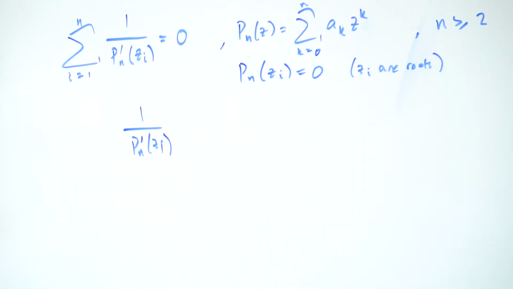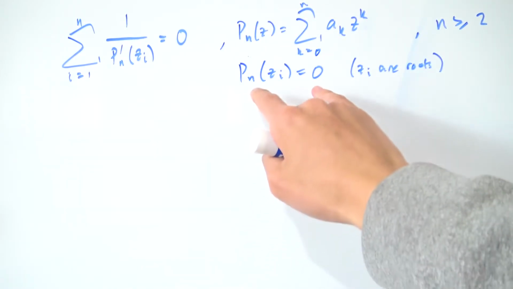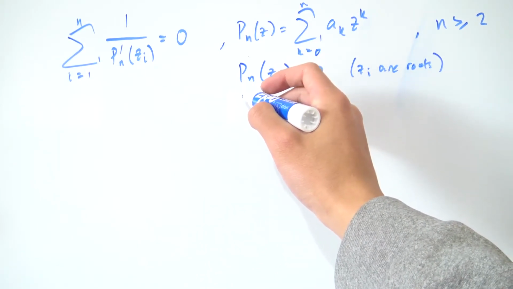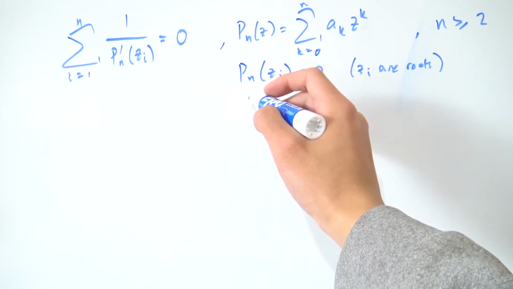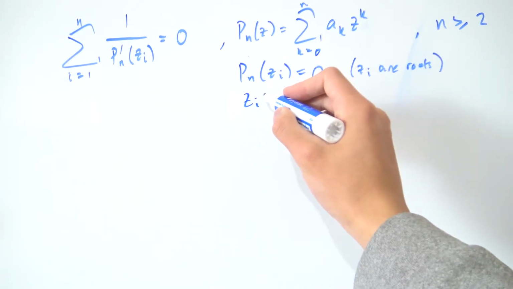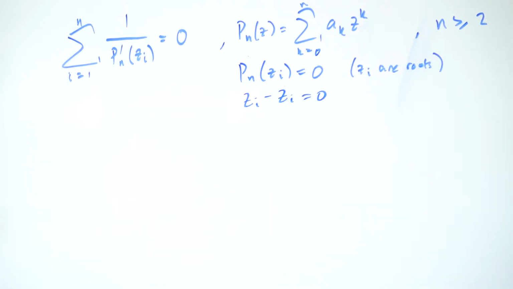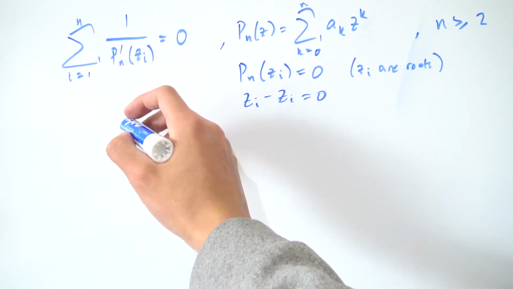So I want to somehow generate a 0 over 0 situation for this fraction. First of all, we have this denominator sorted out, and I'm going to write quite a trivial statement, but this will be very important later on, namely that zi minus zi is equal to 0. Now, using these two equations, we can put them together.